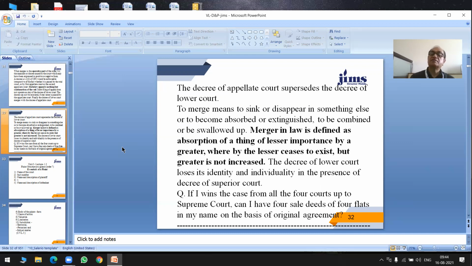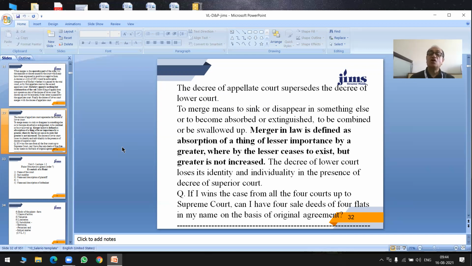And to merge means to sink or to disappear in something else, or to become absorbed or extinguished, or to be combined or to be swallowed up.